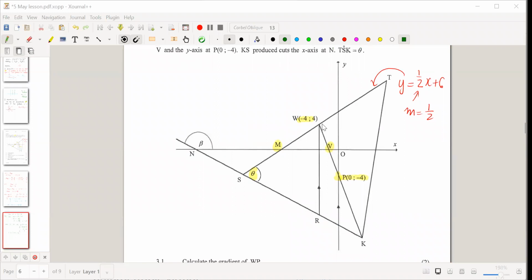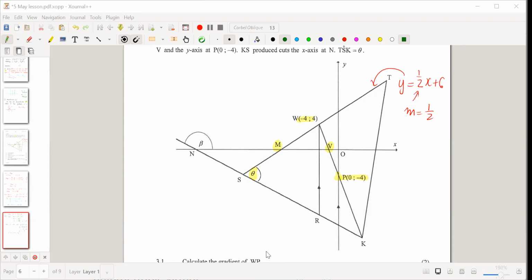Here's R. Okay. So the length of WR, how do we go about doing that? Any suggestions? So we observe that the point R is lying on the line that is parallel to the y-axis, isn't that so?